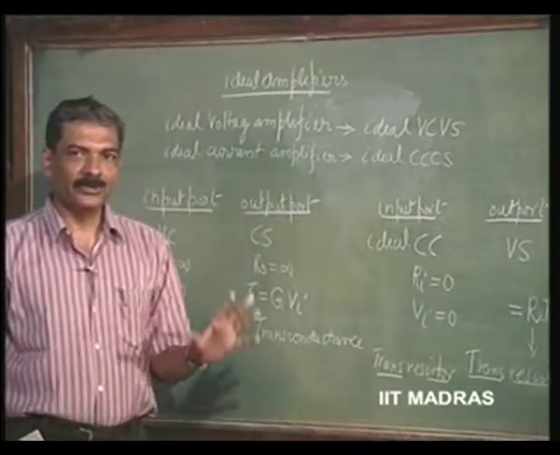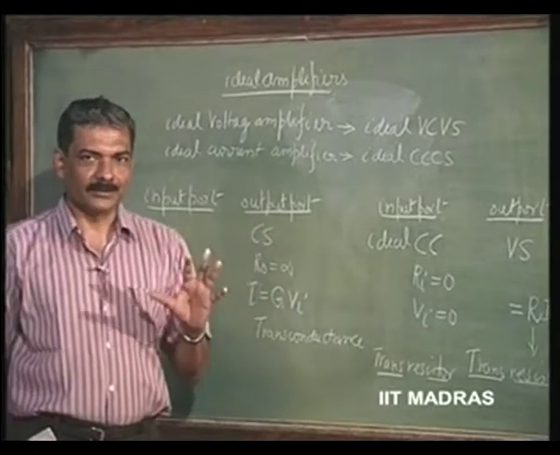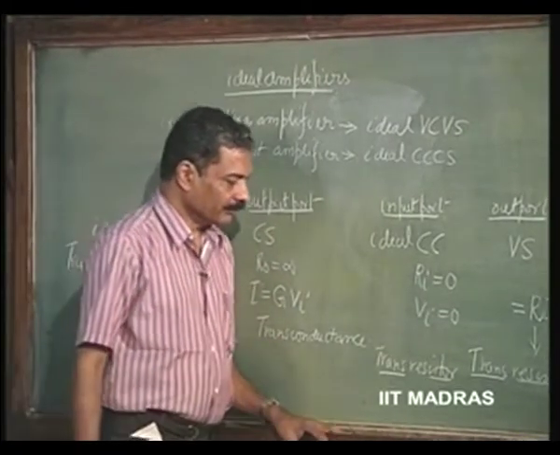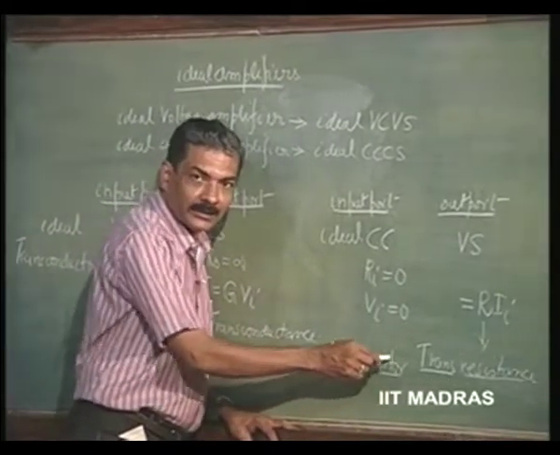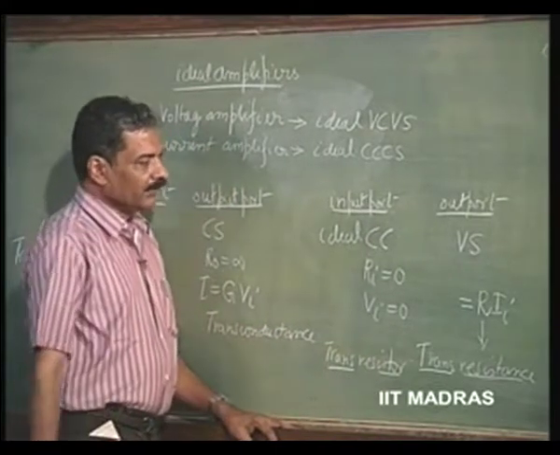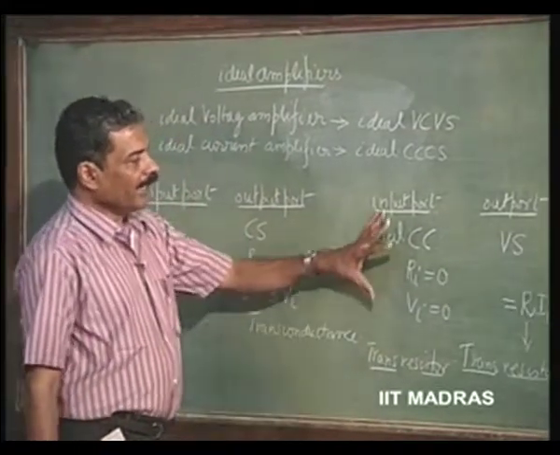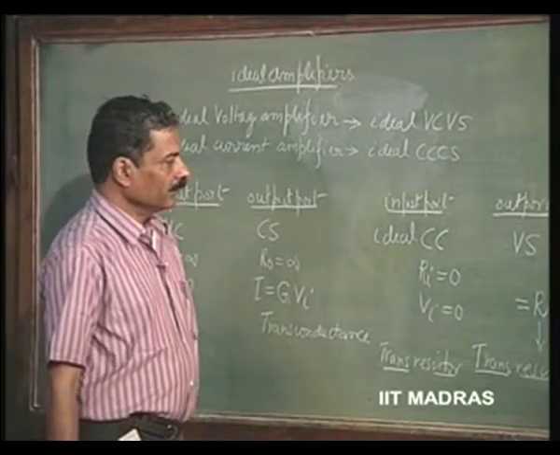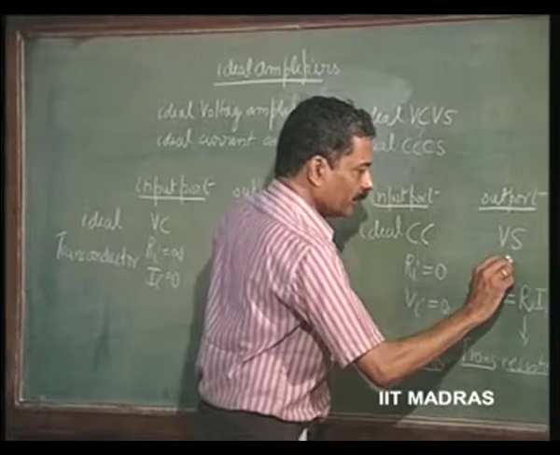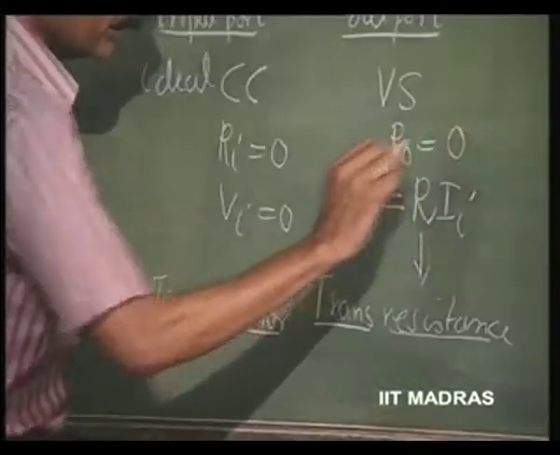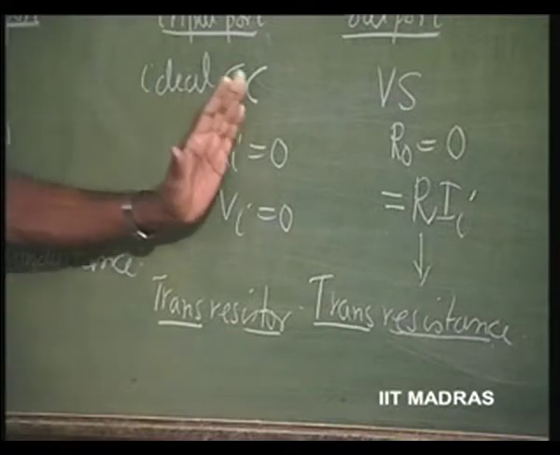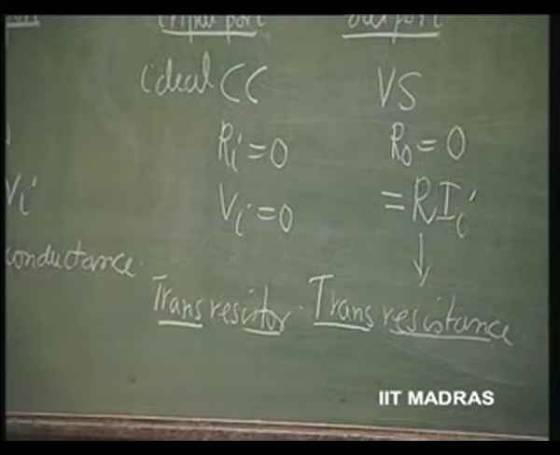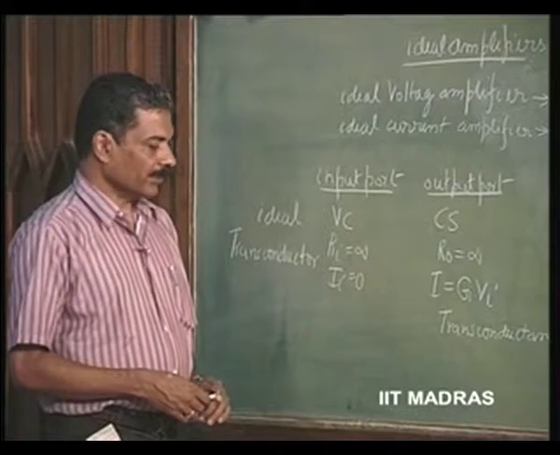It is close to an ideal current controlled current source. We will discuss it later. But transistor derives its name from transfer resistor. So, it is one of the ideal amplifiers here. We have here a voltage source, so R naught is equal to 0. So, this characterizes the two important amplifiers which have been left out: current controlled voltage source and voltage controlled current source.